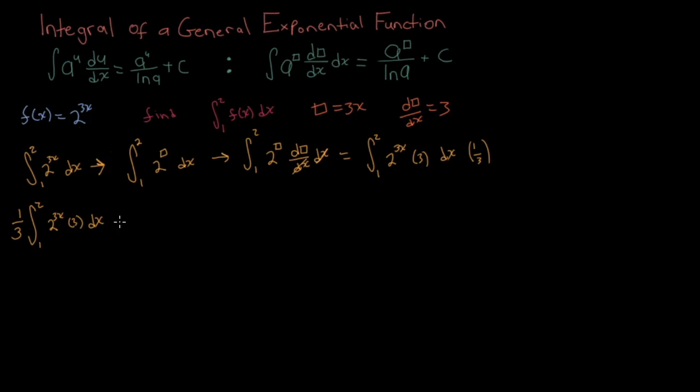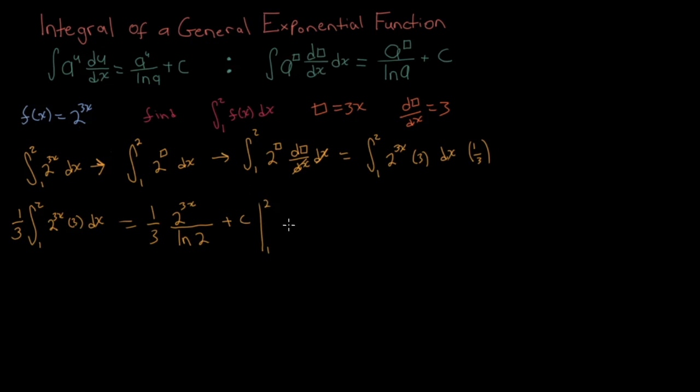So this will equal 1 over 3, the multiplier constant, times this integral, which is going to be a to the whatever that box is, so 2 to the power of 3x divided by ln of 2 plus c. And then we can write from the interval of 1 to 2. See how that works there?